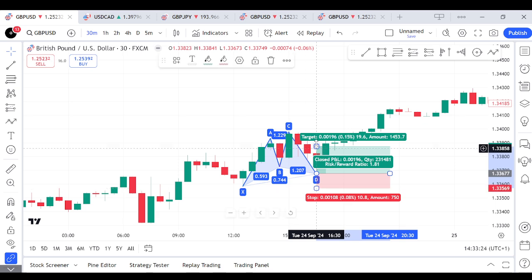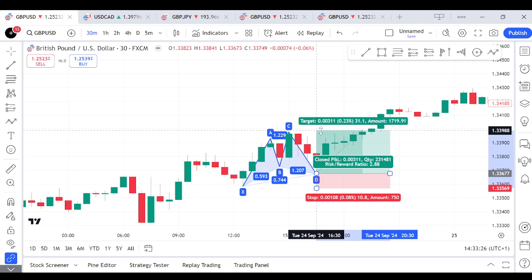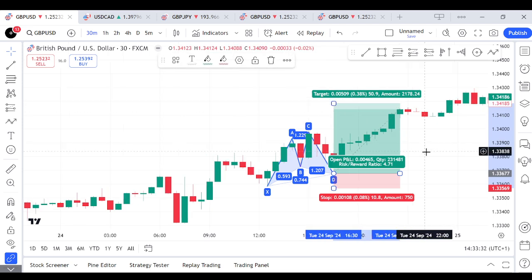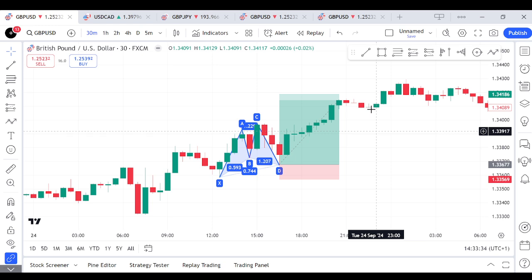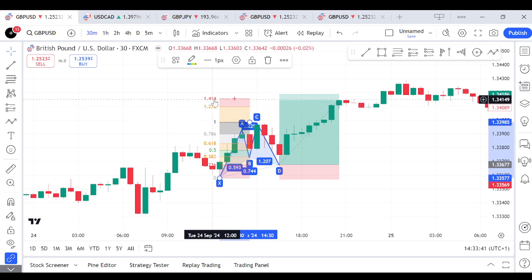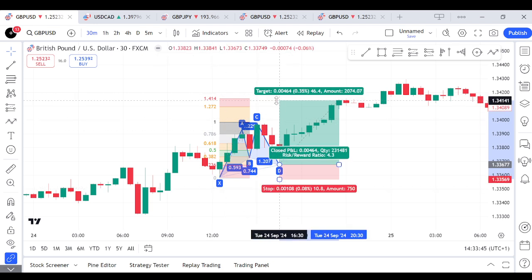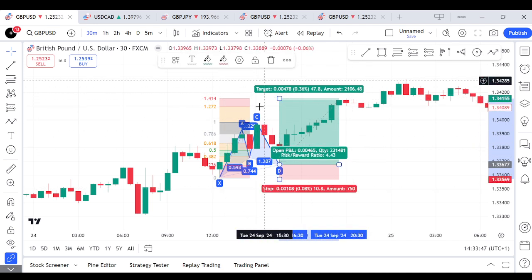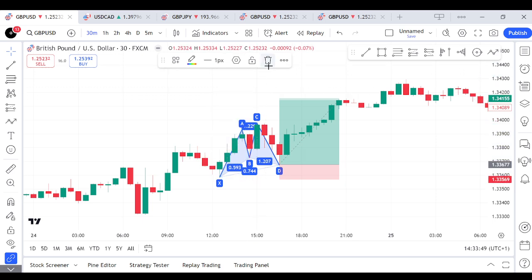So your take profit could be at C, or you could use the Fibonacci extensions to target further levels, from point C to X. You could target 141.4% from the XC leg, which is this, and that is how you can trade the bullish cipher pattern.